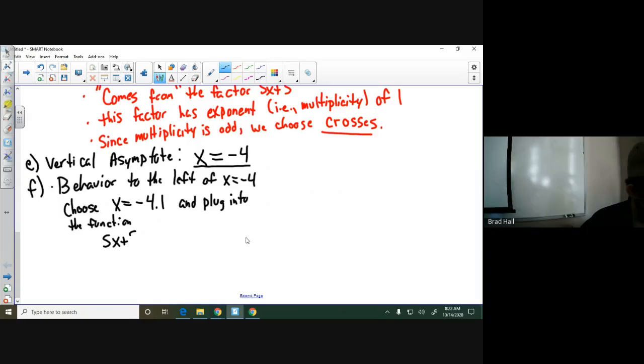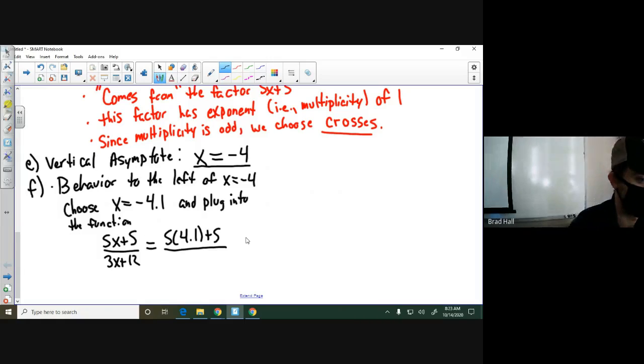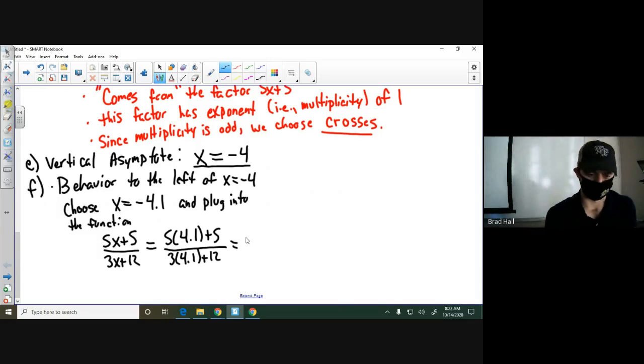I'm just going to rewrite the function. It's okay to have decimal approximations, we are just looking for the number. I like to do the numerator and the denominator separately.